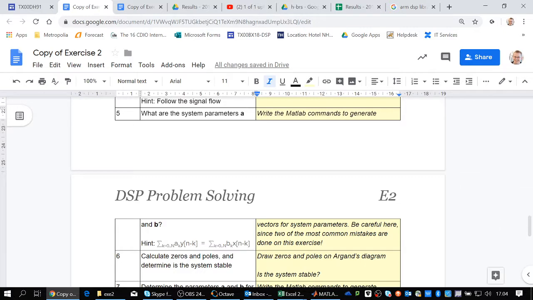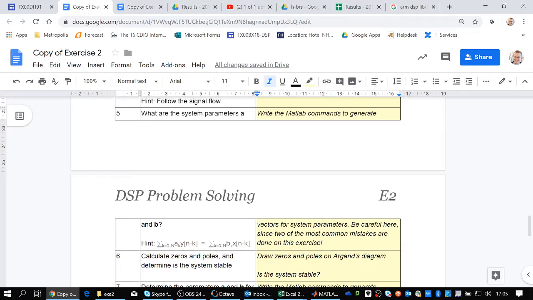Another mistake you can easily make is due to history. From the history of digital signal processing, these coefficients have always been marked A coefficients for y and B coefficients for x in that order. But in MATLAB, when you call the functions, it's the opposite way.